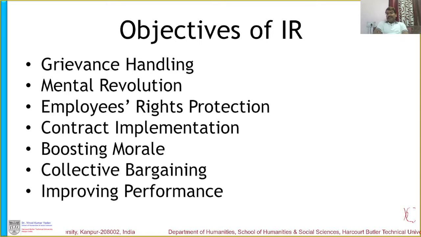This grievance handling machinery is discussed as a legal or legislative binding to the organizations or industries in the IR Code 2019 also, as a separate chapter. And in the previous Industrial Disputes Act, there was also a provision to handle these grievances, and there were separate mechanisms.